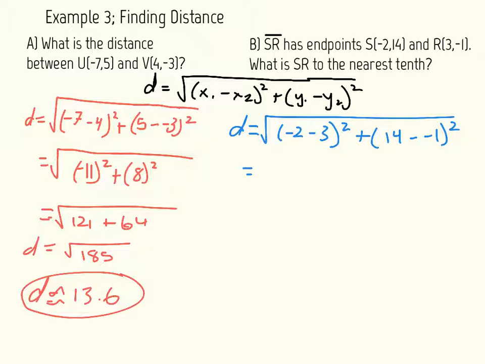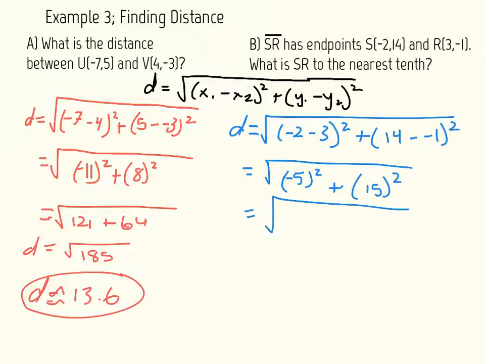Make sure you're very careful how you put in your pluses and minuses. So we have the square root, negative 2 minus 3 is negative 5 squared, plus 14 minus negative 1, 15 squared.